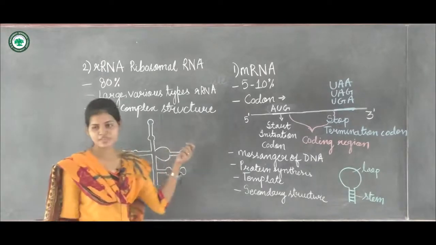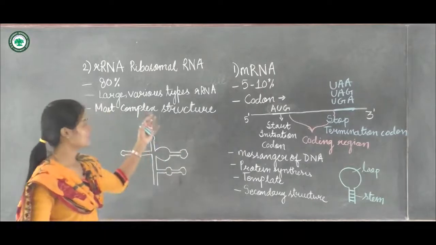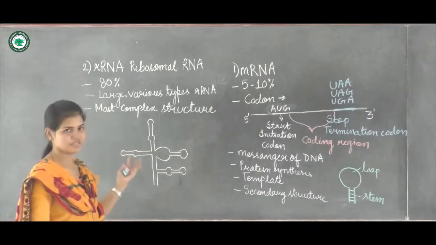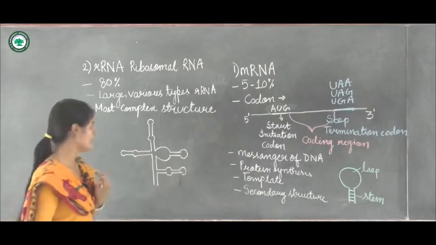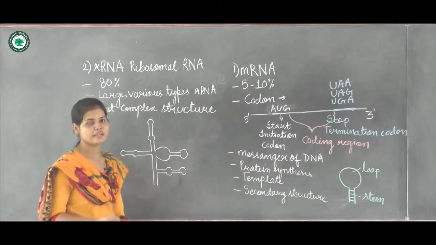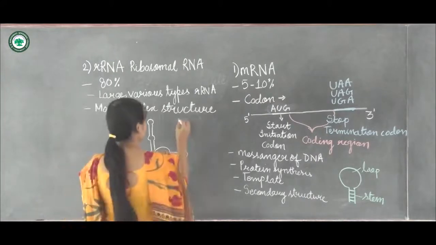This is how the rRNA forms the secondary or the tertiary structure, the most complex structure. Now these rRNA molecules are mostly present in the ribosome.